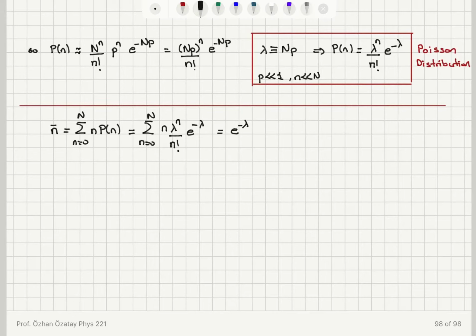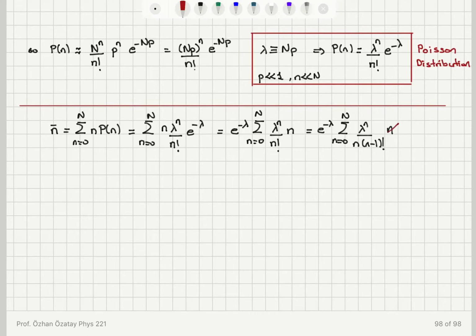So this is e to the minus lambda, summation from n equals 0 to capital N, lambda to the power n over n factorial multiplied by n. And this is going to have e to the minus lambda, n equals 0 to capital N, lambda to the power n, n times n minus 1 factorial, n.